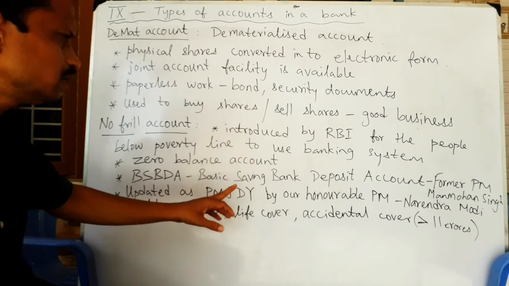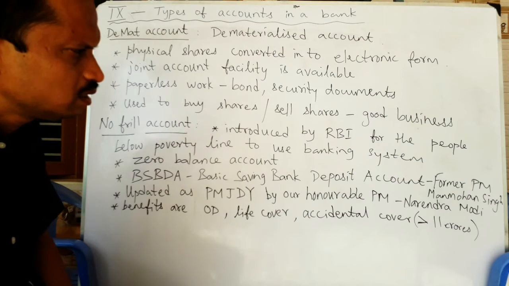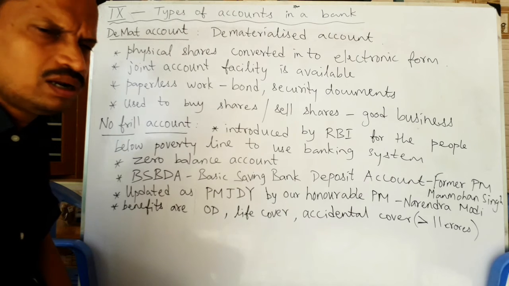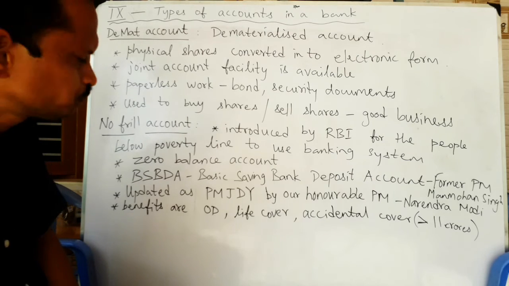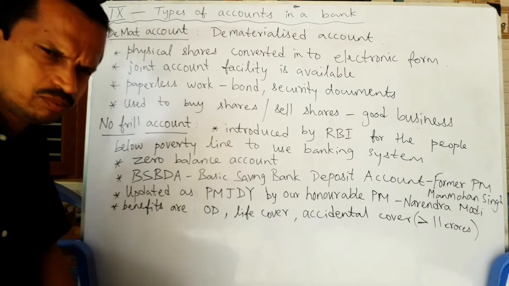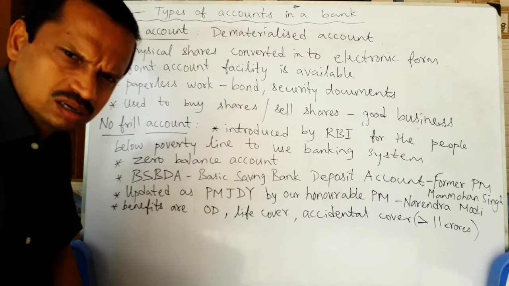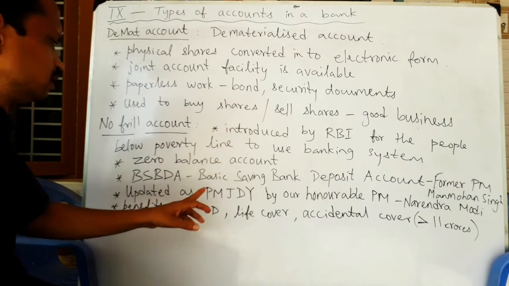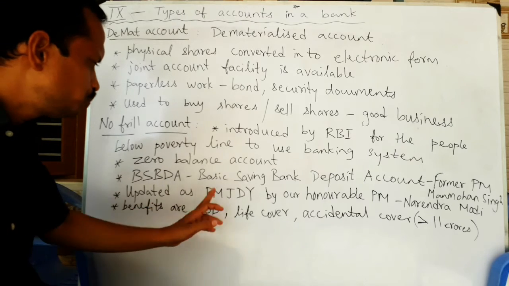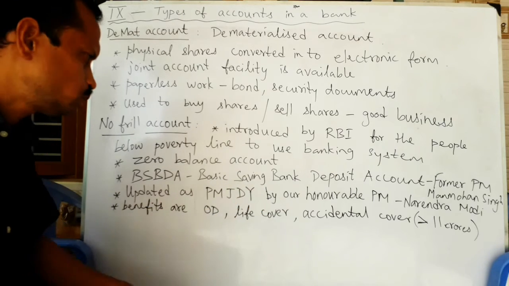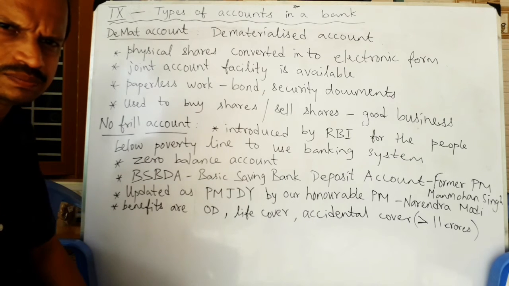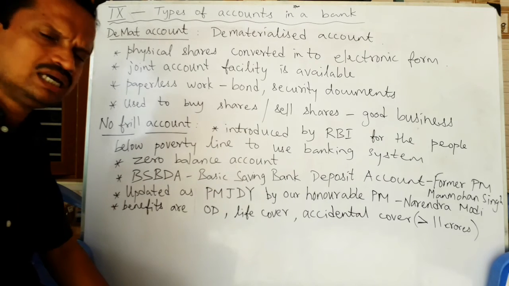BSBDA was introduced in the former PM Manmohan Singh's period. After that, Narendra Modi came. Our honorable present Prime Minister Narendra Modi updated this same account as PMJDY. So Pradhan Mantri Jan Dhan Yojana.